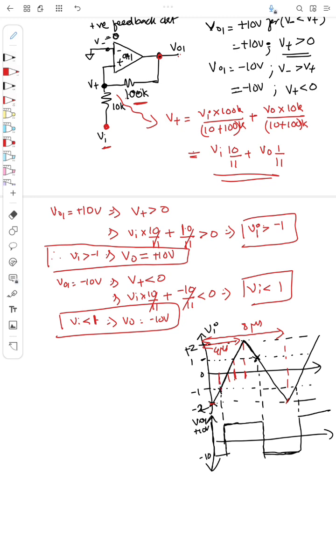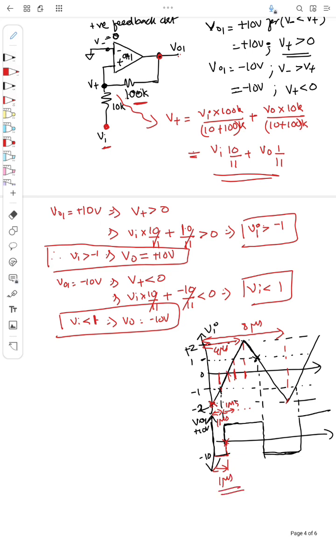So from minus 2 to minus 1 corresponds to 1 microsecond, minus 1 to 0 requires 1 microsecond, and so on. Even though the signal starts at minus 2, the transition starts at minus 1, which means it is delayed by 1 microsecond.